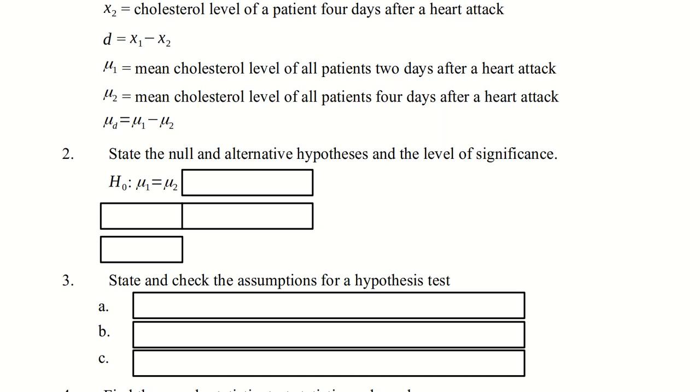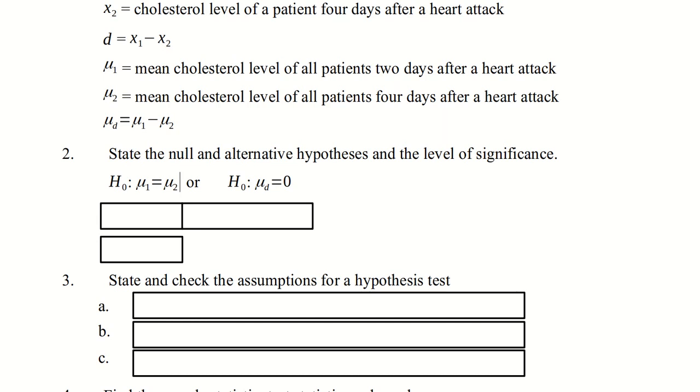We could subtract mu sub 2 from both sides, and if we do that, we get that mu sub D, that is the mean of the differences, is equal to 0. If you subtract mu sub 2 from both sides, you get a 0 on the right side, and you get mu sub D on the left side. So we're allowed to assume that. Remember, we're assuming the null hypothesis.